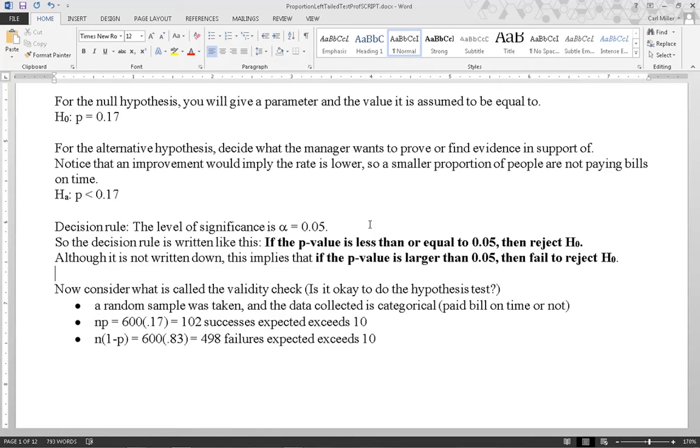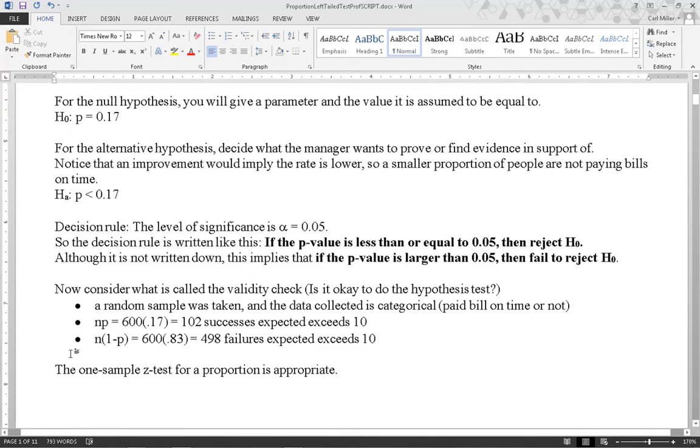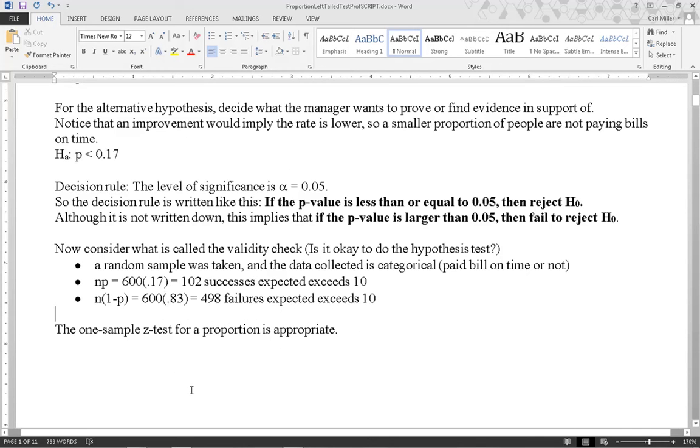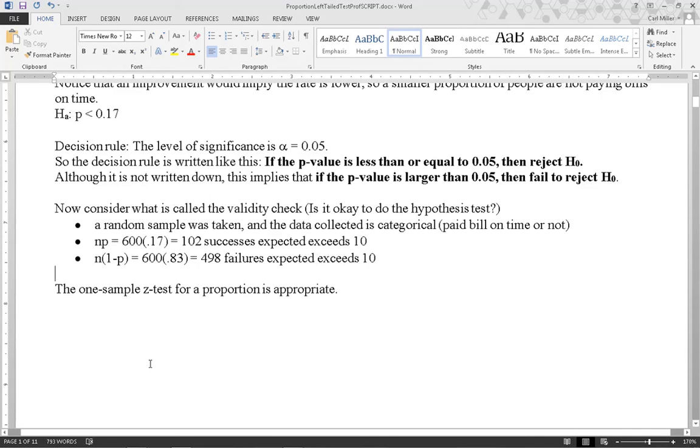And N times 1 minus P is 600 times 0.83, or 498 failures are expected, and that also exceeds 10. The one sample z-test for a proportion is appropriate since the validity conditions are met.